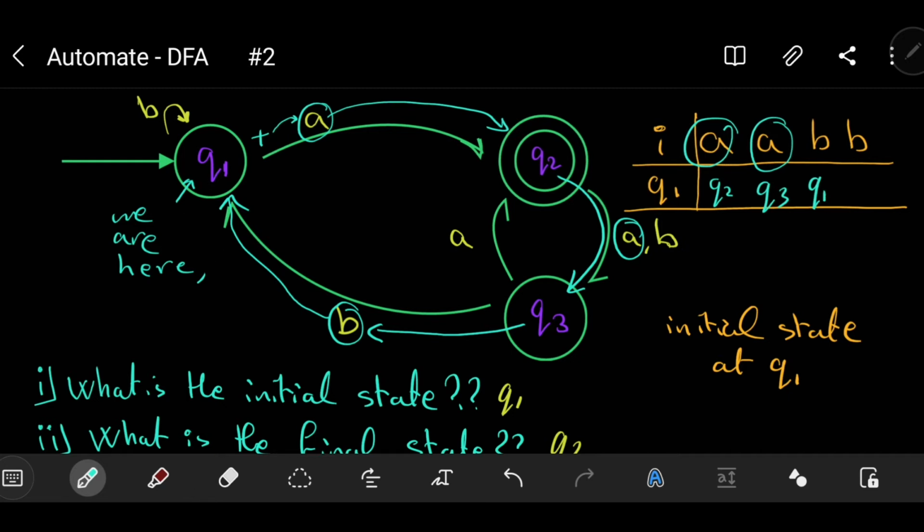And finally, Q1 with B gives us itself. So Q1 with B remains at Q1.